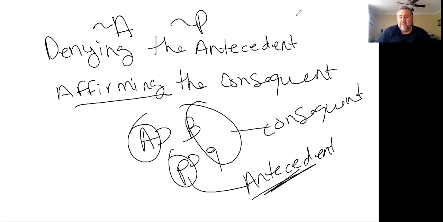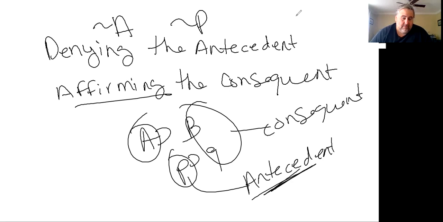Take a statement like, if you speed, you will get a ticket. Okay, that seems to be a common reason. You didn't speed, therefore you didn't get a ticket. Well, that's not the only way to get a ticket.